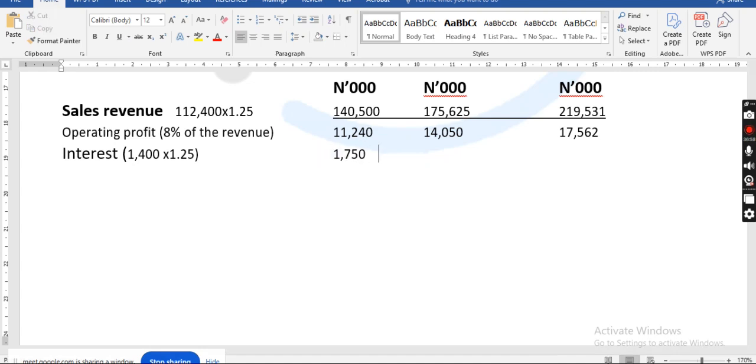Please increase it again by 1.25. What do you have? 2188. Next, 2734. Okay, that's fine, right?